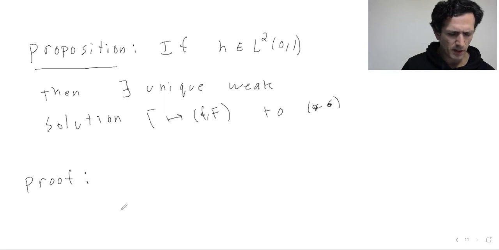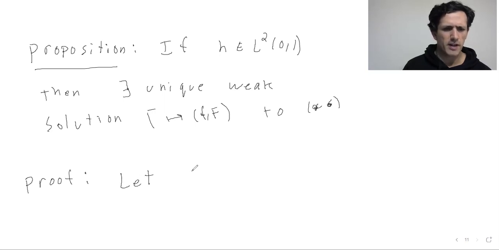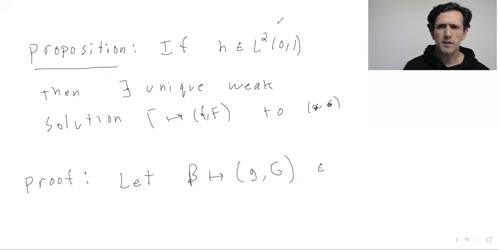Right, so let's say beta is again maybe just something in my Sobolev space W^{1,2}, and that's associated with little g and big G. Yeah, so this is in W^{1,2}.